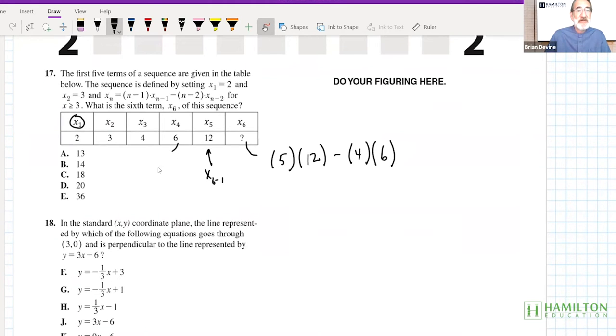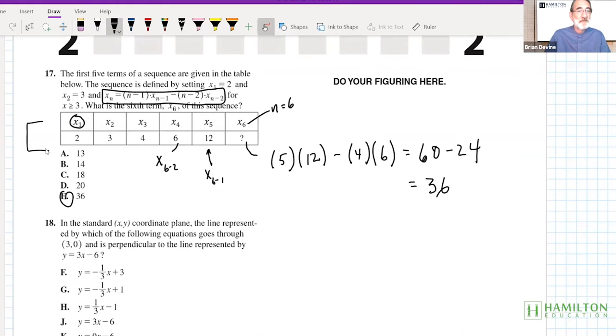This would be x sub 6 minus 2. And n is 6. So I just plug those values into the given formula. And I find, well, what's that come out to be? That's going to be 60 minus 24 equals 36. So 36, E.